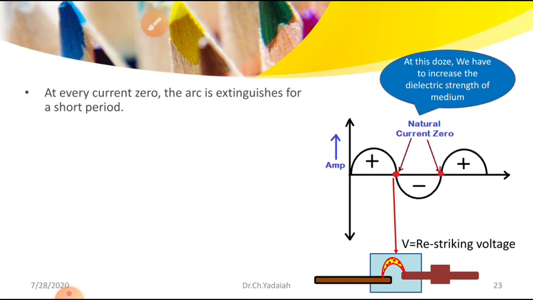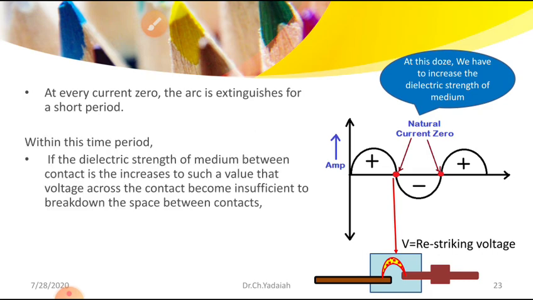So within this dose period, if the dielectric strength of the medium between the contacts increases to such a value that the voltage across the contacts becomes insufficient to break down the space between the contacts, whatever voltage arises between the contacts is unable to ionize the particles between the two contacts.